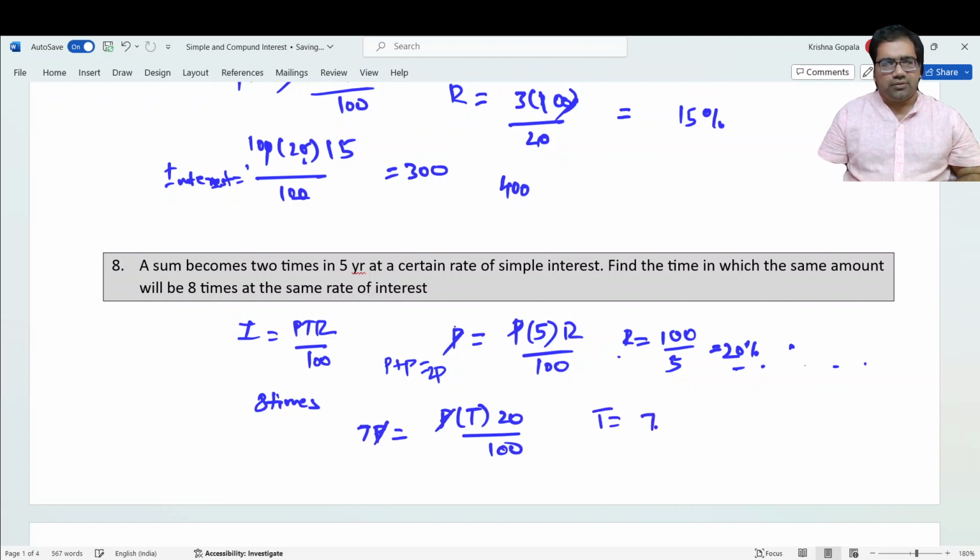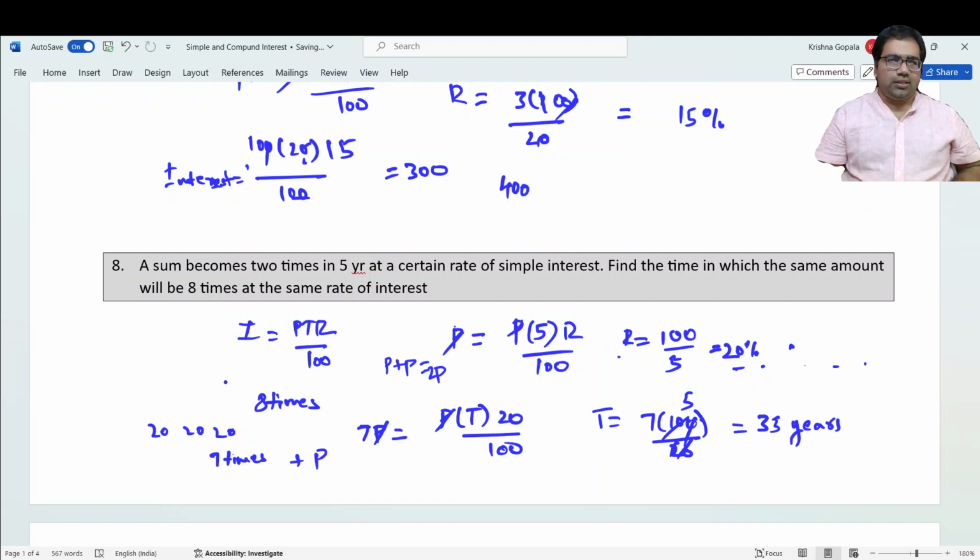Then time is equal to 7 into 100 by 20, which is 35 years. Okay? In 35 years, it will become 8 times. Each year, 20, 20, 20 will get added. So 35 into 20, 7 times, plus the original. This is the solution, right?